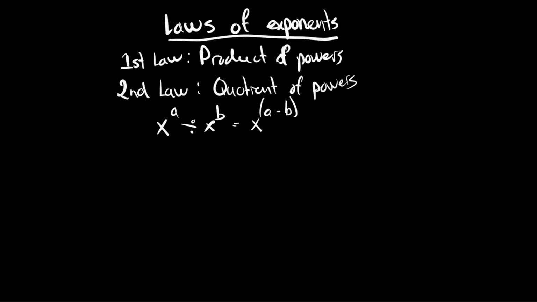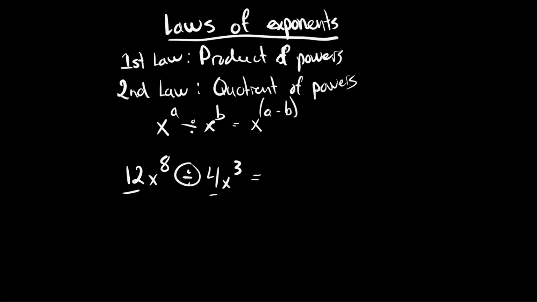Now let's do an example with coefficients. So let's say we have 12 times x to the power of 8 divided by 4 times x to the power of 3. Now, as I said before, for the coefficients, we just look at the operation in the middle, which is a divide in this case.